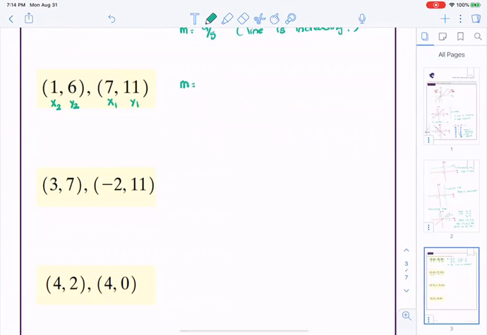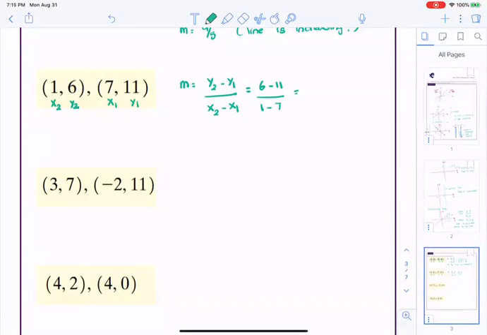The slope formula is still the same, y2 minus y1 divided by x2 minus x1. y2 is 6, y1 is 11, x2 is 1, x1 is 7.